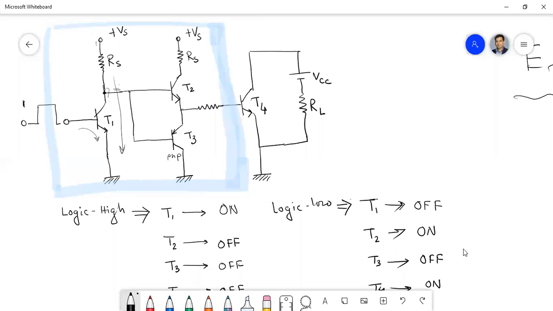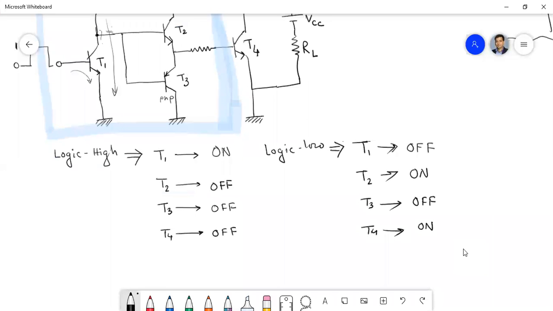Now this is the simple circuit which we require to drive the power transistor into on mode.